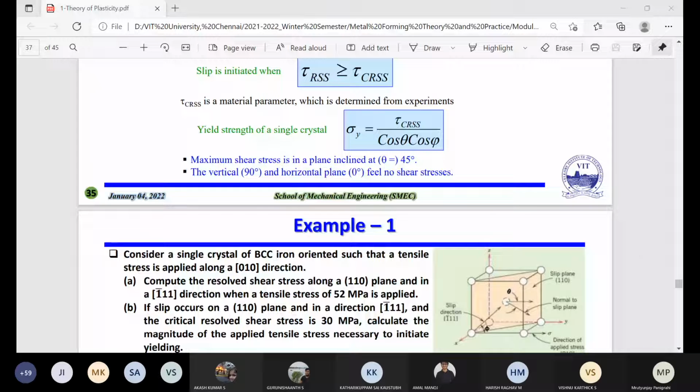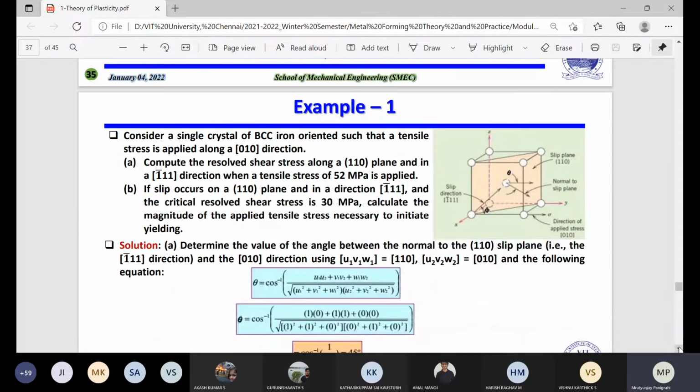Do you remember your material science? No? Okay, I will show you one, then you can do it.